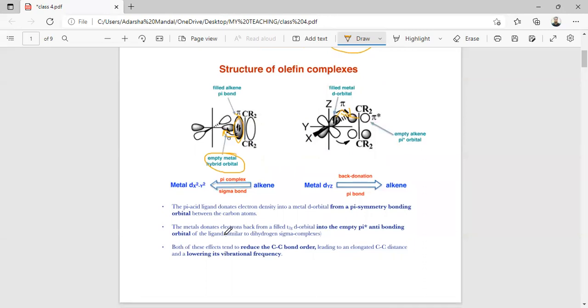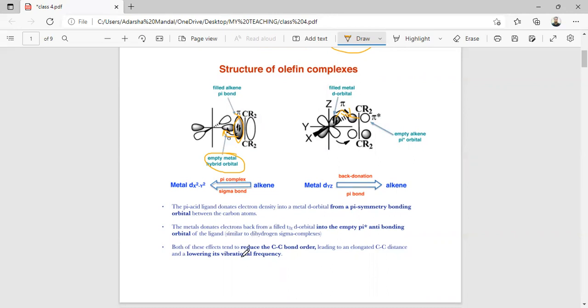The pi acid ligands donate electron density into the metal d orbital from the pi symmetry bonding orbital between the carbon atoms, and the metal donates electron density from its filled d orbital into the empty pi star antibonding orbital of the ligand, similar to the dihydrogen sigma complex.